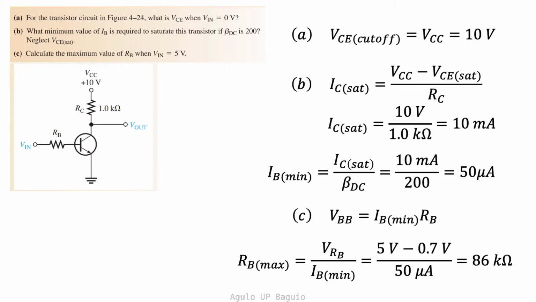So this is 5 volts minus 0.7 volts divided by 50 microamperes, which is equal to 86 kilo ohms. Thus, in order for this circuit to work, you need a base resistance of 86 kilo ohms, and you must drive the base terminal up to 5 volts to switch on the transistor.